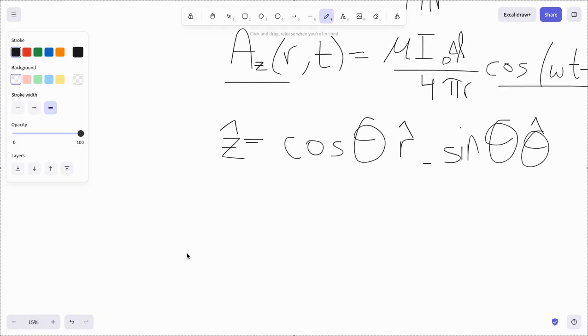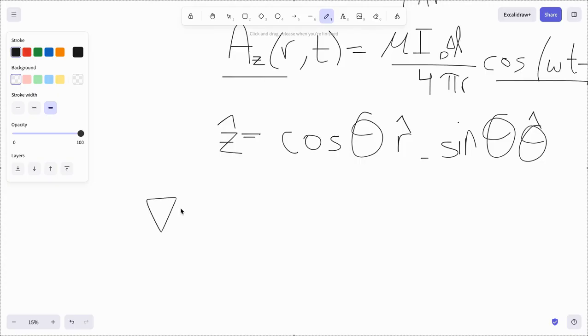And so then to figure out what H is, we just have to take the curl of A. Now since we only have an R component and a theta component, we know that we will only get an omega component for H.